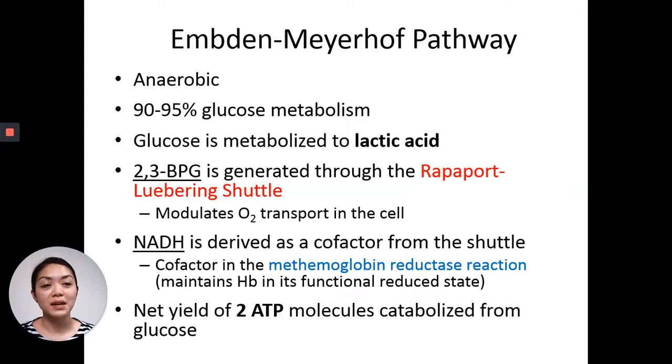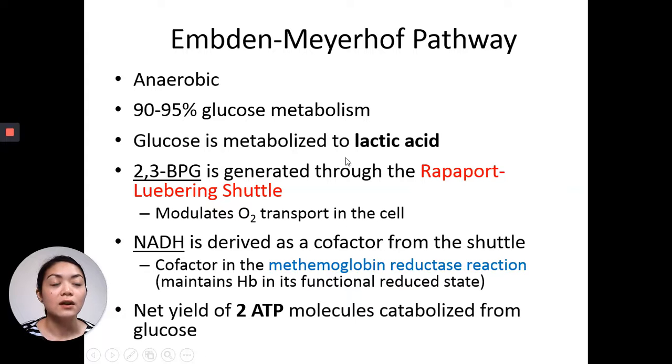Okay, so the Embden-Meyerhof pathway, an anaerobic pathway, does not require oxygen, and it's the major one. 90 to 95% of glucose is metabolized via this pathway, and the end product is lactic acid. That's why lactic acid is a waste product, and it must be transported back, of course, from your tissues to the lungs and to your kidneys or to your sweat for excretion.